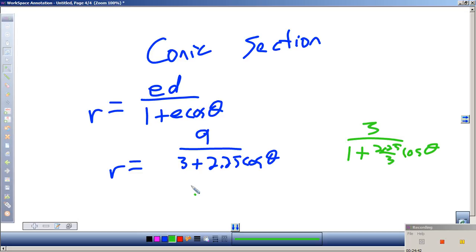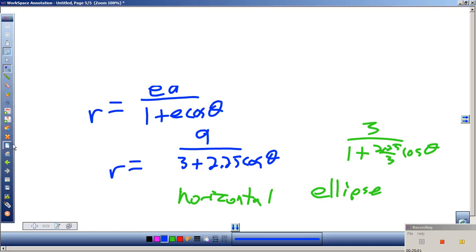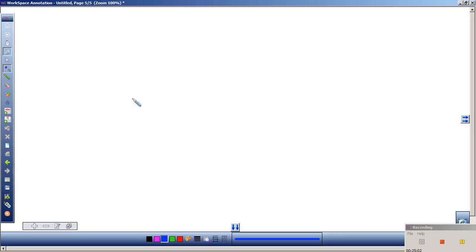So we could say this is a horizontal ellipse. Then you have 9.5.